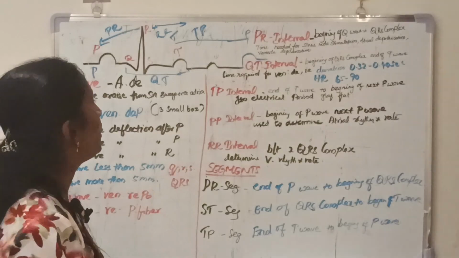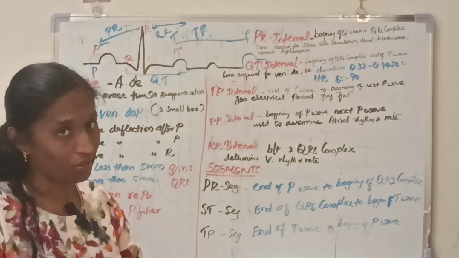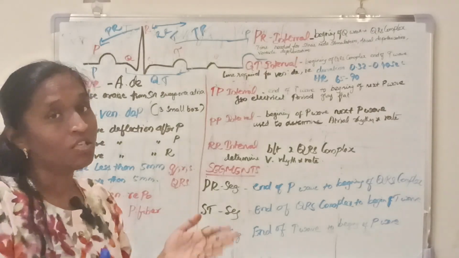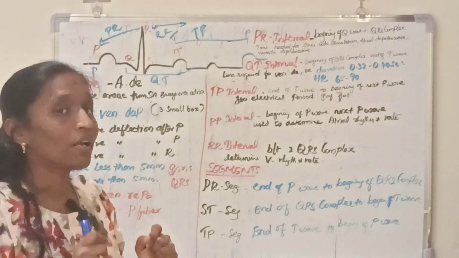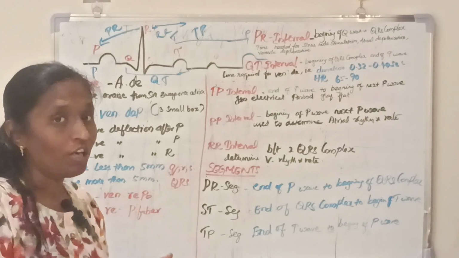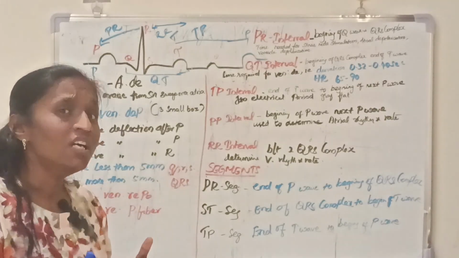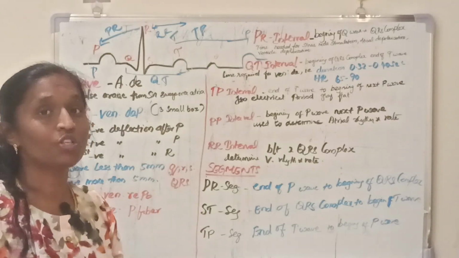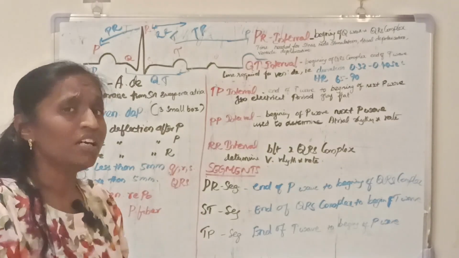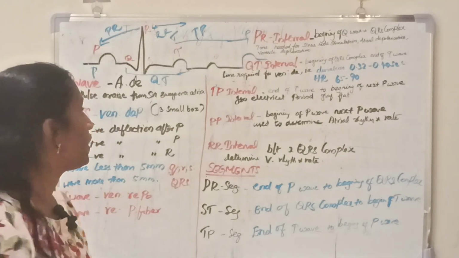The next is the QT interval, from the beginning of the QRS complex to the end of the T wave. The time required for ventricular depolarization and ventricular repolarization is between 0.35 and 0.40 seconds. Here the heart rate is 65 to 90.